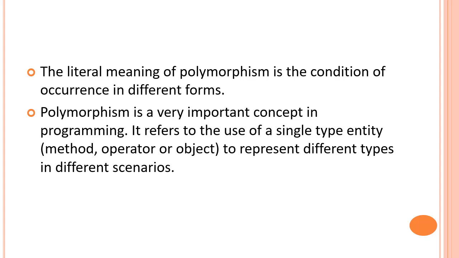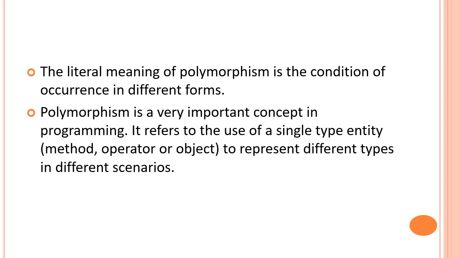I hope all of this is making sense. And a single interface, that is you, represents all these different types, that is your different personalities. So you act as a student, you act as a son, you act as a friend. All of these are different forms. But at the end, that's you, right? So that is all about the concept of polymorphism.